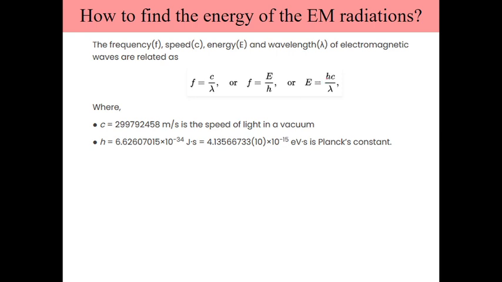H is Planck's constant, and the value of Planck's constant is given here. And then C is the speed of light. Speed of light is also given here. And then lambda is the wavelength of light, right? So that tells you that energy of a particular electromagnetic radiation is directly proportional to the frequency, because if you look at this equation, now this H and C, what happens is f is equal to c by lambda.